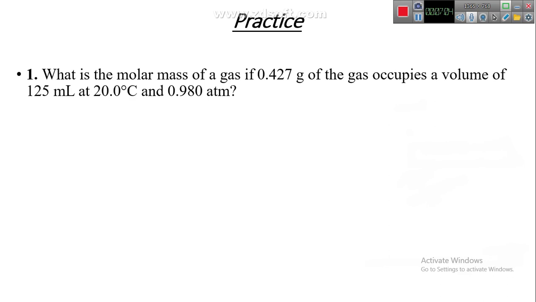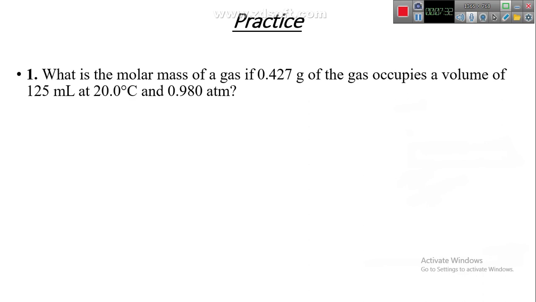Now, how do we solve this type of question? At first, you must know the known and unknown in the question. What is the molar mass? Then the unknown is molar mass. Known, given: mass, volume, temperature in Celsius degree, and pressure in atm.